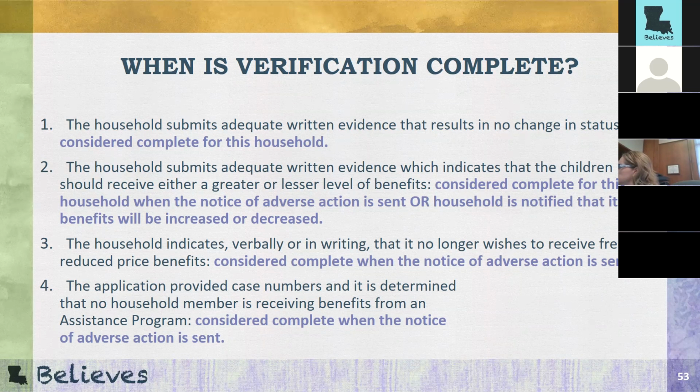Verification is considered complete for this household when the notice of adverse action is sent or household is notified that the benefits will be increased or decreased. Or the household indicates verbally or in writing that it no longer wishes to receive free or reduced price benefits, and the application provided case numbers, and it is determined that no household member is receiving benefits from an assistance program.